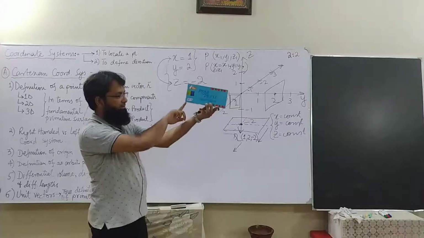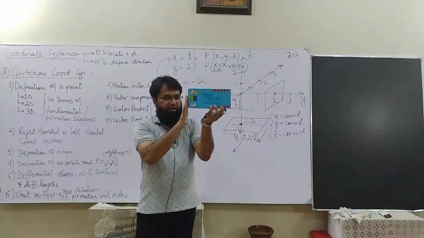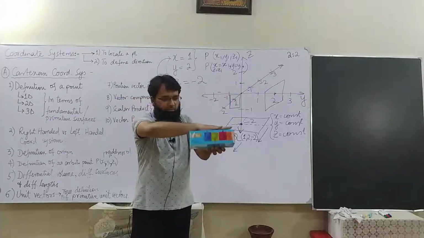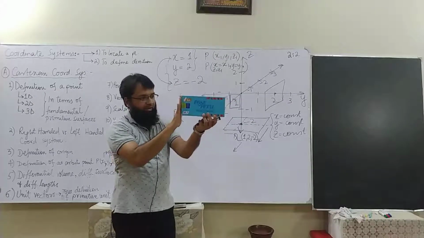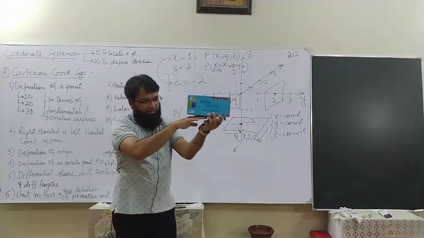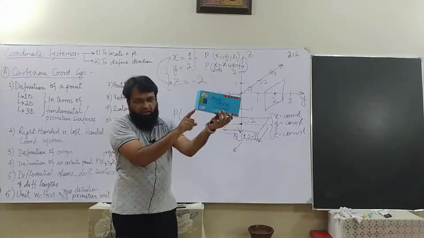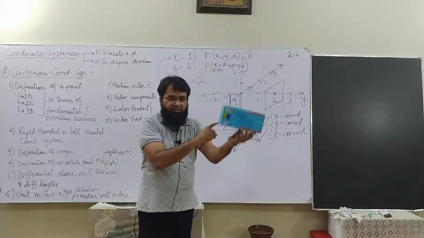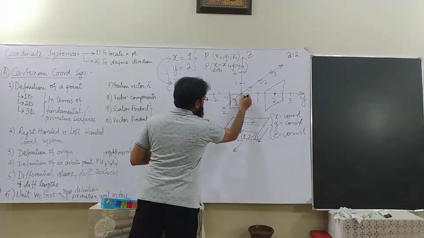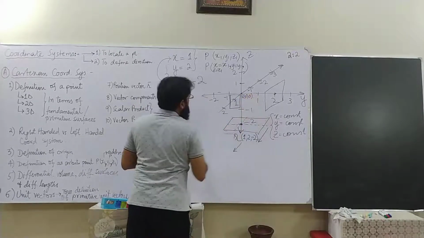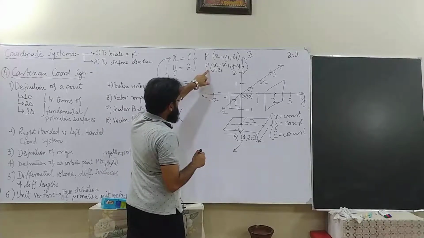This corner at my end is the origin, which means the plane at the very back is x equals 0, this plane is y equals 0, and this plane is z equals 0. The intersection of these three planes gives me the origin, the reference that carries the coordinate values 0, 0, 0.